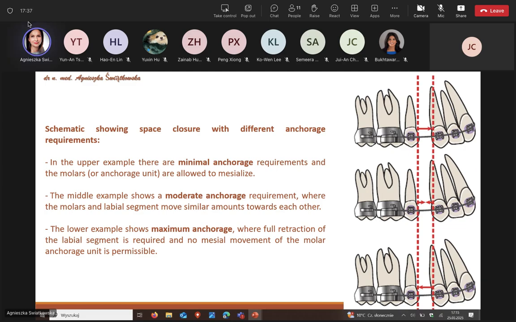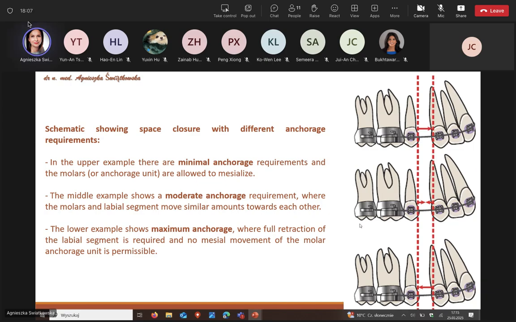What is minimal anchorage? A situation when this space here is closed also by these teeth, but usually the mesialization of buccal teeth is bigger than distalization of anterior teeth.